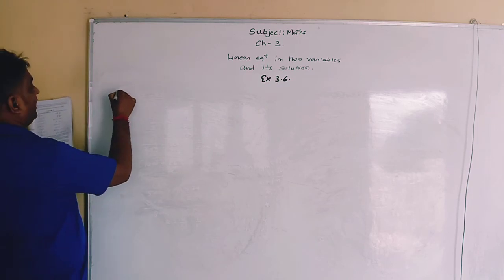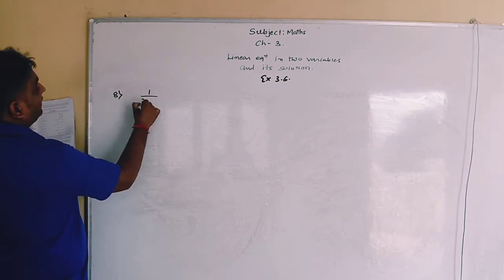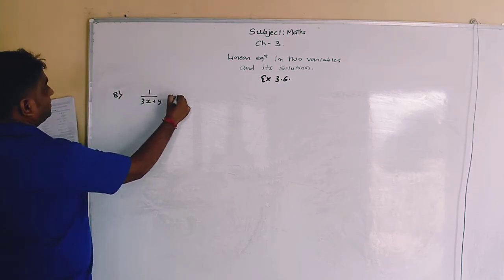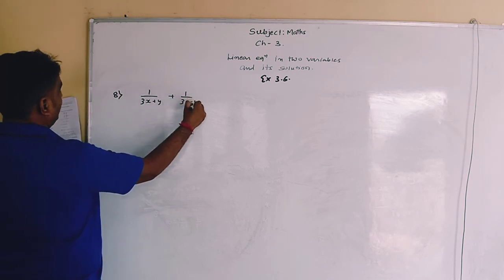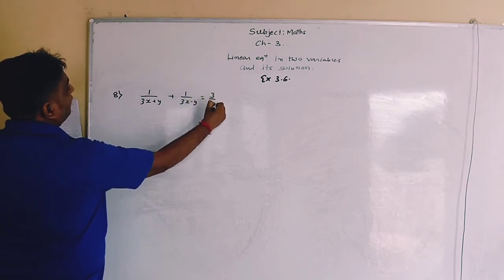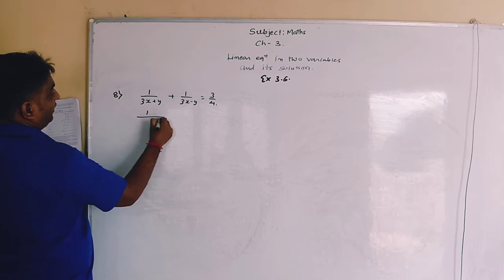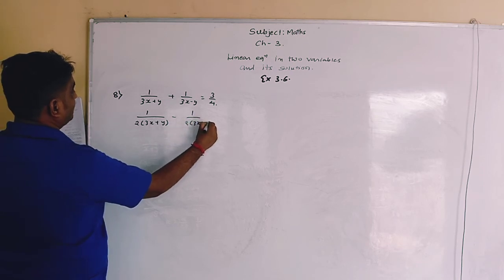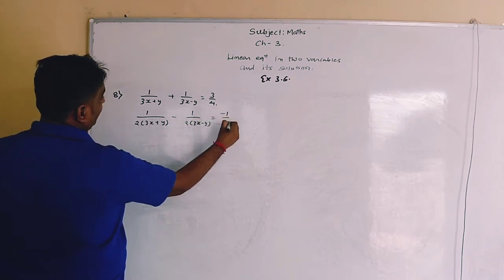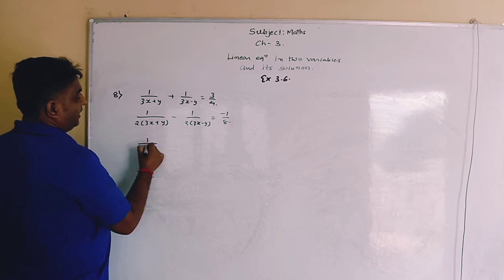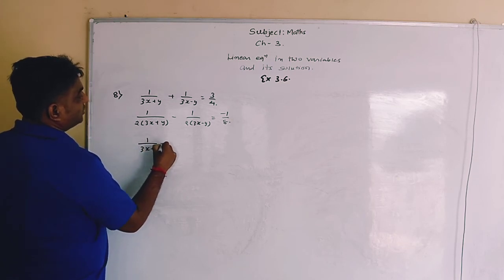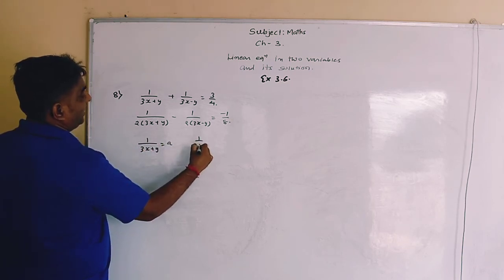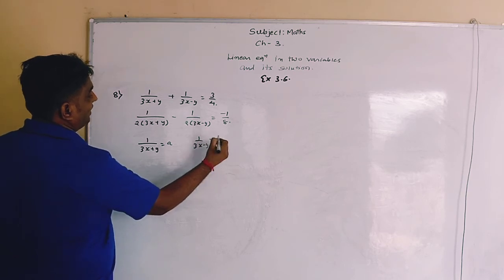Eighth question, we have 1 by 3x plus y plus 1 by 3x minus y equals 3 by 4, and 1 by 2 into 3x plus y minus 1 by 2 into 3x minus y equals minus 1 by 8. So 1 by 3x plus y equals a we write, and 1 by 3x minus y equals b we write.